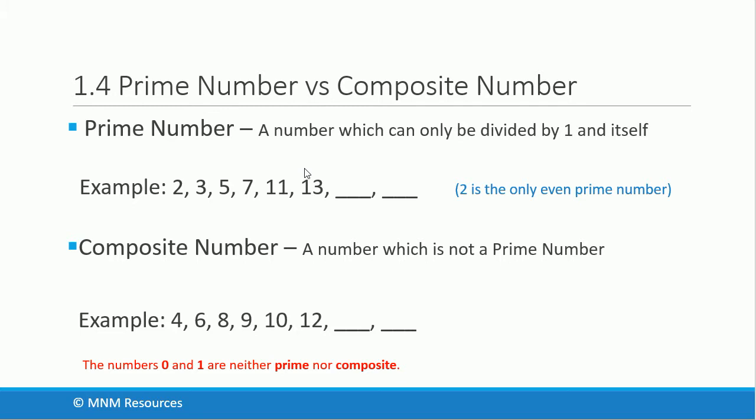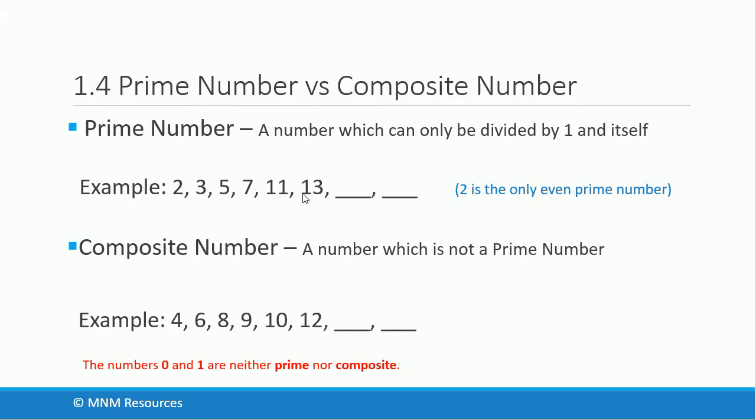What about 10? 10 we know is an even number. We know that 2 is the only even prime number, so 10 is a composite number. What about 11? Can we divide 11 by anything other than 1 or 11? No. So we know that 11 is a prime number. 12 is an even number, so by default it's a composite number. 13.